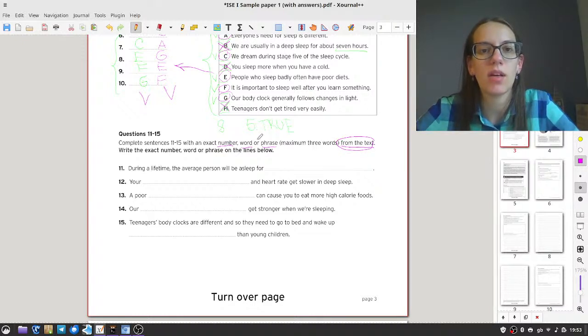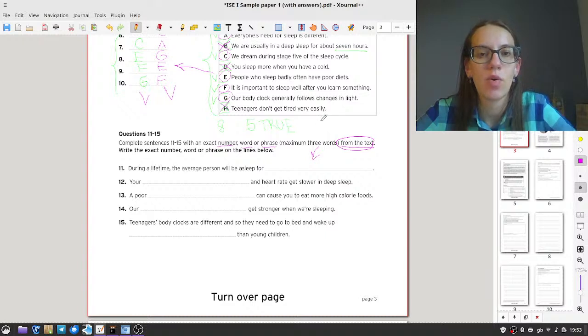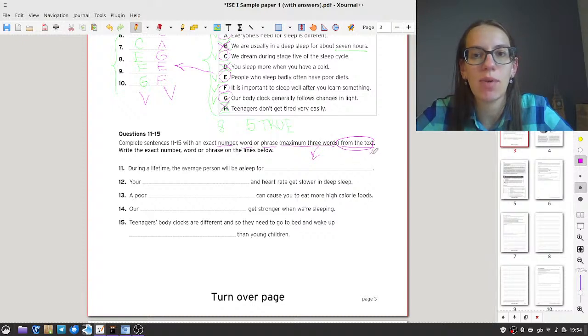You find some word, phrase or number from the text that fits this sentence. So how many words can you have in this gap? Maximum 3 words. So what does it mean? It means it can be 1 word or 2 words or 3 words. Yeah, maximum 3 words.